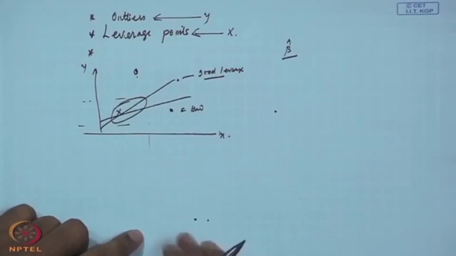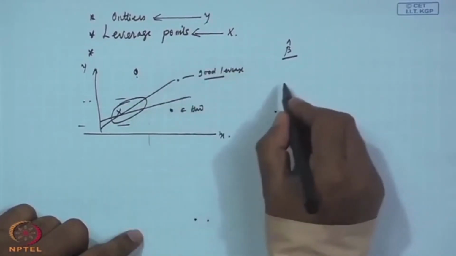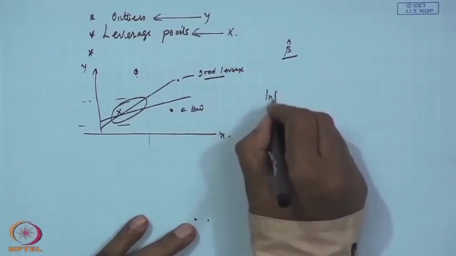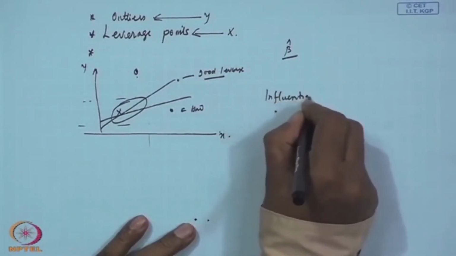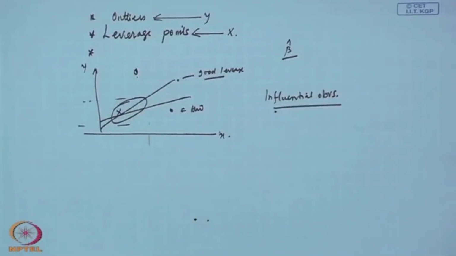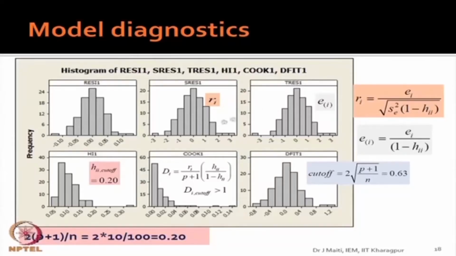Okay. So, what do we want then? We also require to find out the leverage points, in other words, including outliers, you can say influential observations. So, finding influential observations is very important. There are many ways to find them.